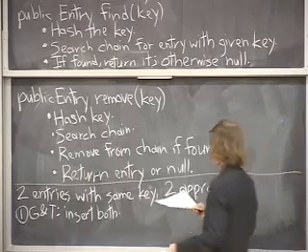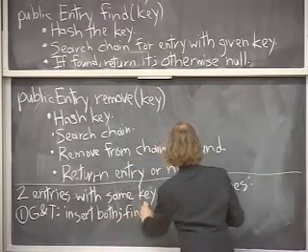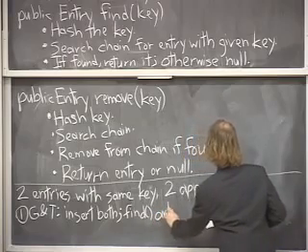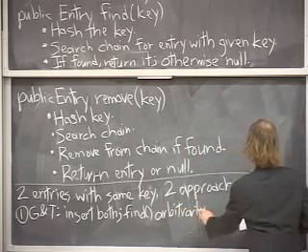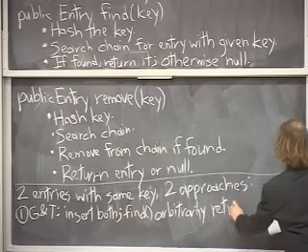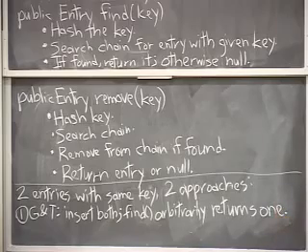Whichever one happens to be first in the chain will probably do. And in fact, Goodrich and Tamassia also provide a find all operation, which if you want will allow you to enumerate all of the items matching a certain key in the hash table. So if you want all of them, they give you a way to do that.